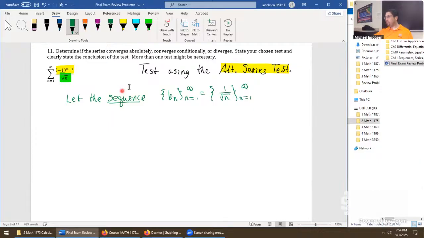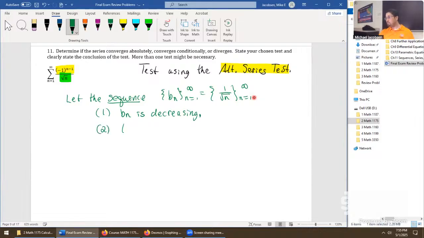Indexing here is helpful because it's telling us that this is always positive. But by the format of this, as we go up to infinity, it's also telling us bn is decreasing. The denominator would go off to infinity as n goes to infinity. So this just gets smaller and smaller for larger and larger values of n.